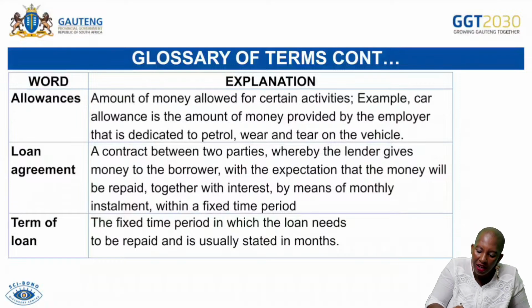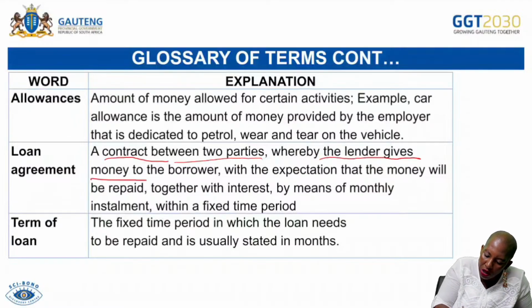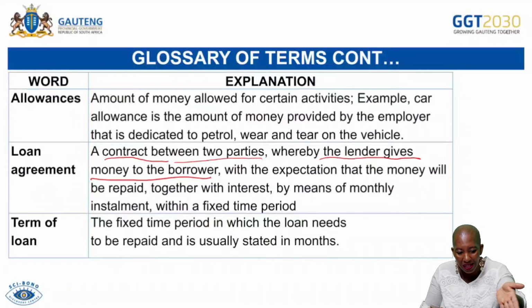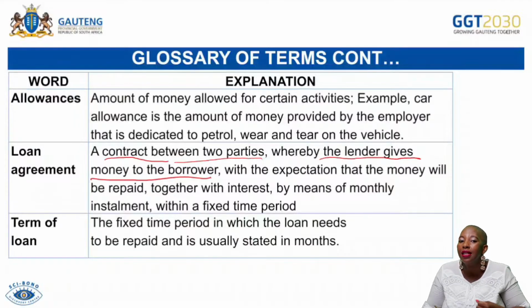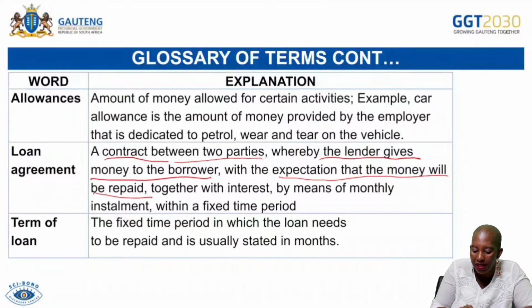And then it says a loan agreement is a contract between two parties whereby the lender gives money to the borrower. Because I'm the borrower, this person is the lender, the bank is the lender, they're lending me the money. So it is a contract between me and the bank. The bank is the lender, and I am the borrower, with an expectation that the money will be repaid.